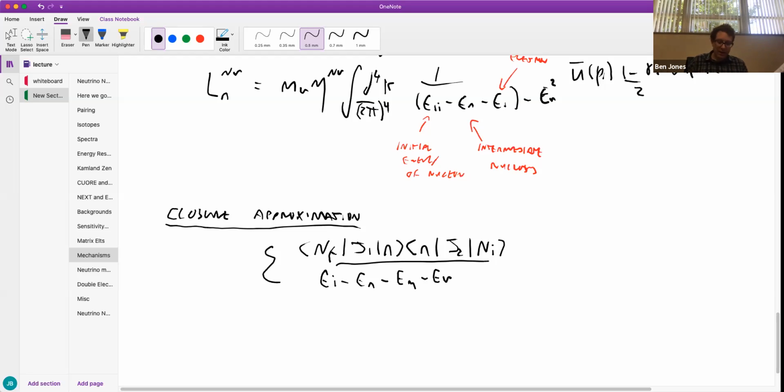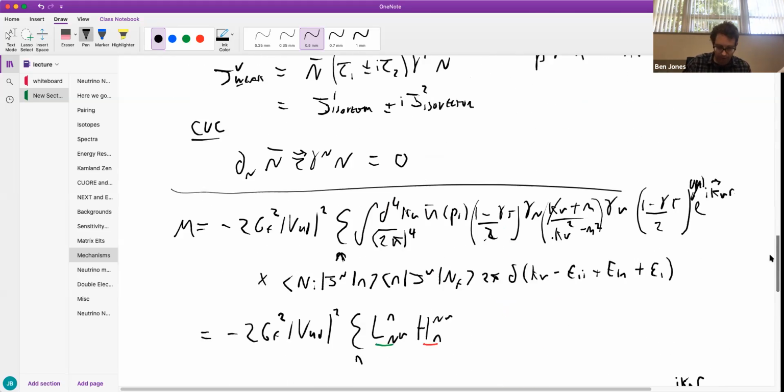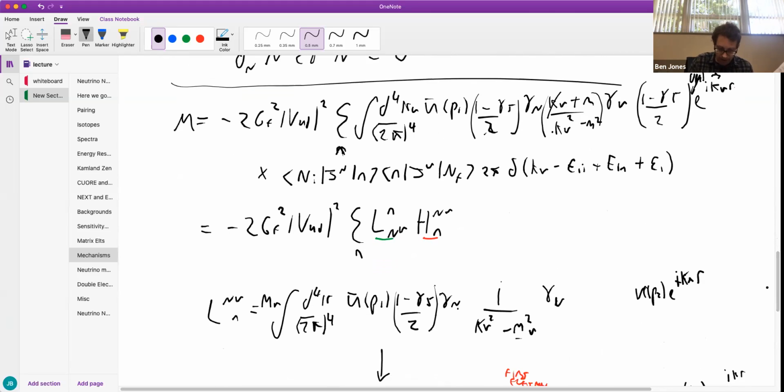So we're going to have a term which looks like the sum over these final states, over these intermediate states, of two currents multiplied by each other with a bunch of energies in the denominator. So you can see where that's going to come from up here, right? Summing over these.